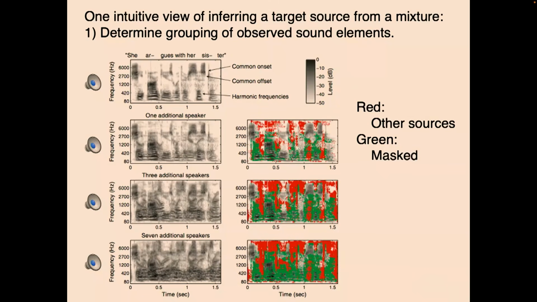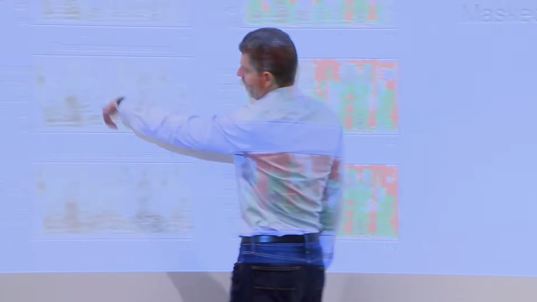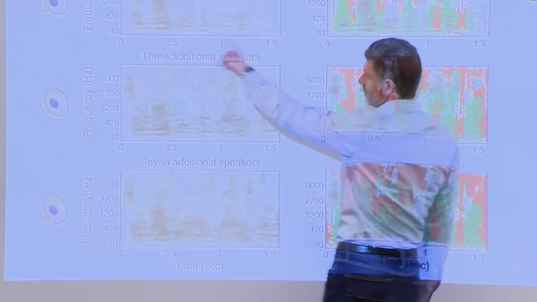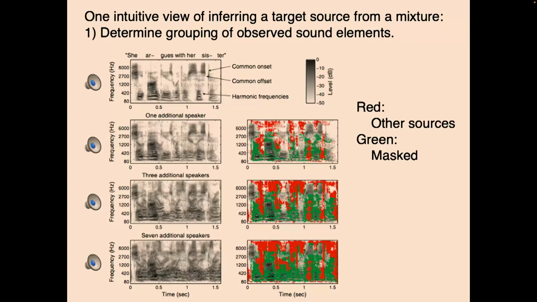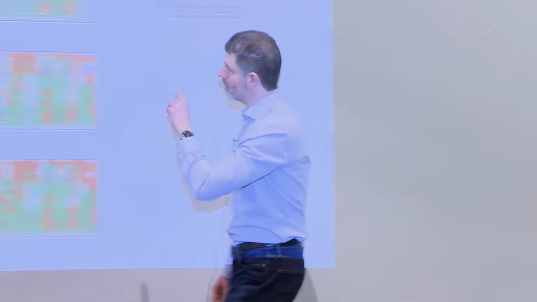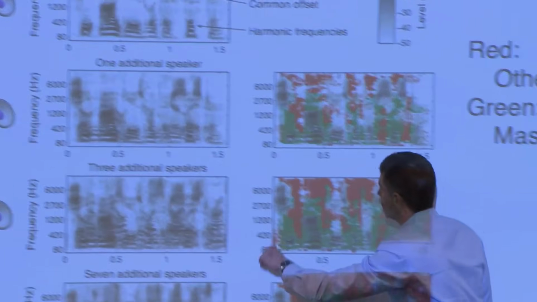Okay, so there's one way to think about the problem that we've been talking about, right? Where you get some auditory input like this, right? It's just energy that's spread across frequency and over time. And you could think of the scene analysis problem as possibly initially requiring you to determine the grouping of the observed sound elements, okay? And so what's shown here is mixtures of the target talker with a bunch of additional talkers.